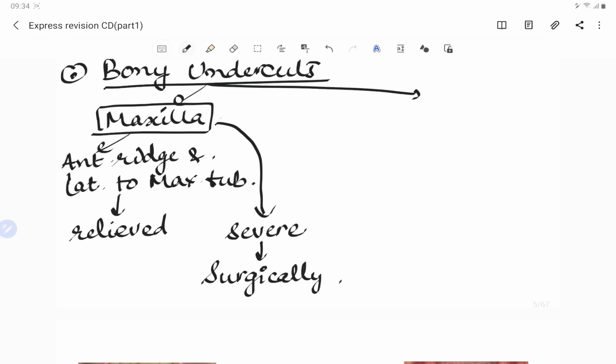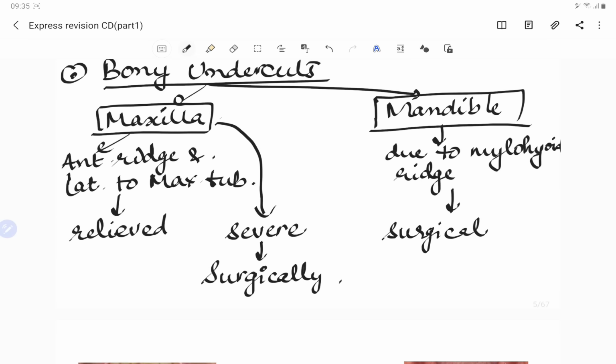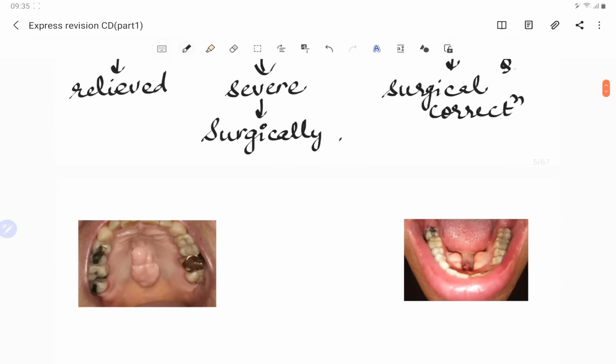Then talking about bony undercuts in the mandible, usually they are due to the sharp prominent mylohyoid ridges, and they should be surgically corrected. So surgical correction should be done in case of mandibular bony undercuts.